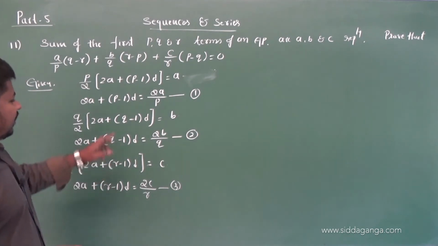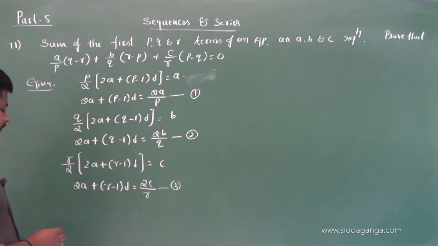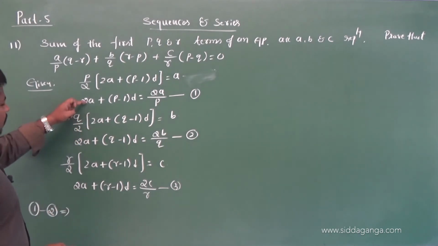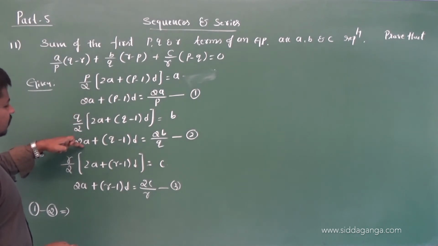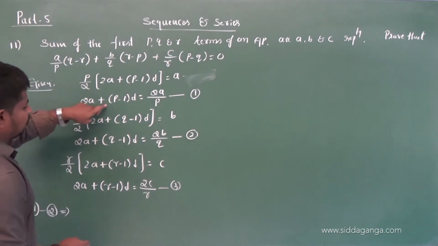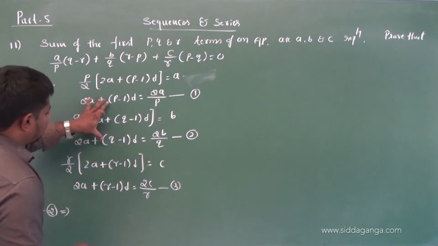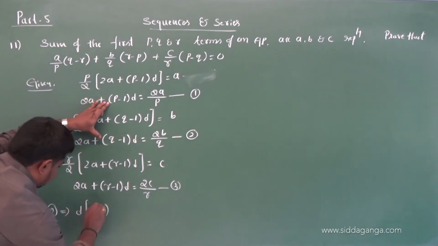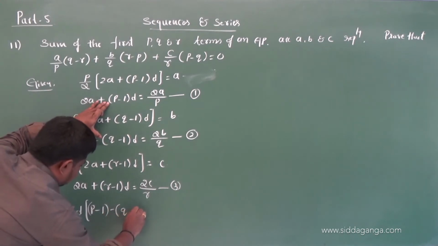So let me find 1 minus 2, that is, subtracting equation 2 from equation 1. Now 2a and 2a get cancelled. So we have (P minus 1) into d minus (Q minus 1) into d. I'm going to take d outside: d into ((P minus 1) minus (Q minus 1)).